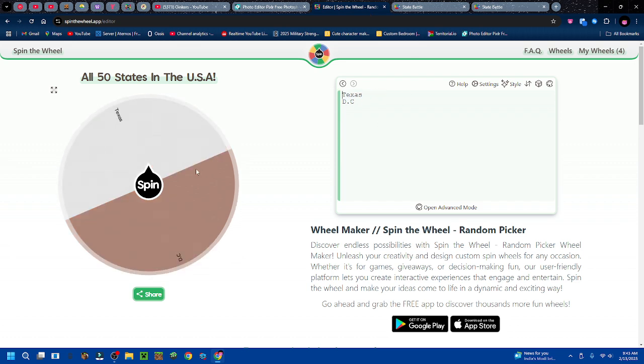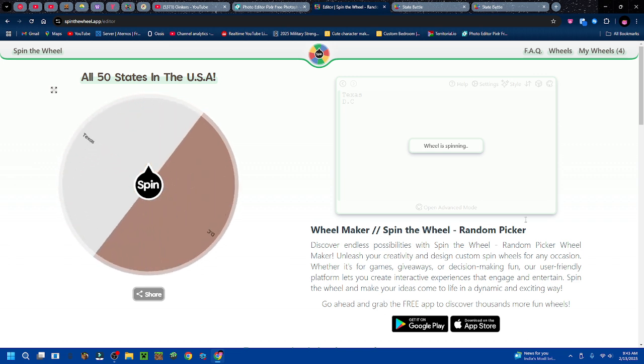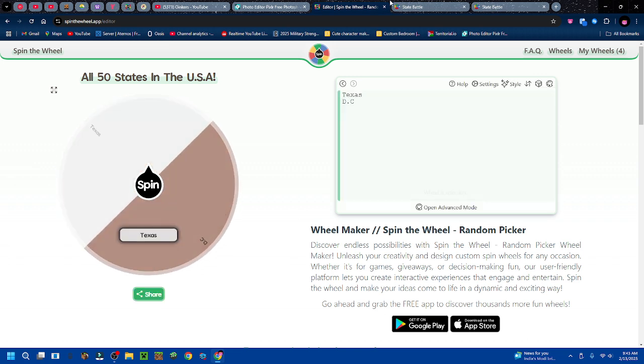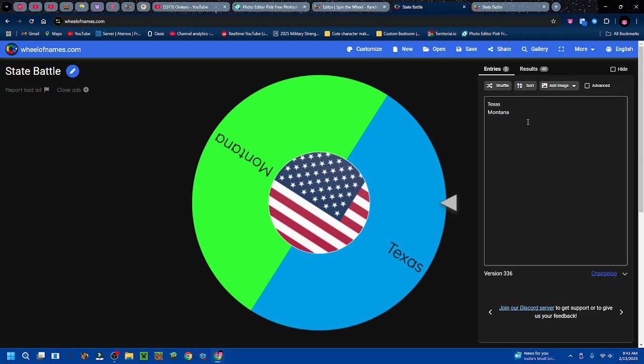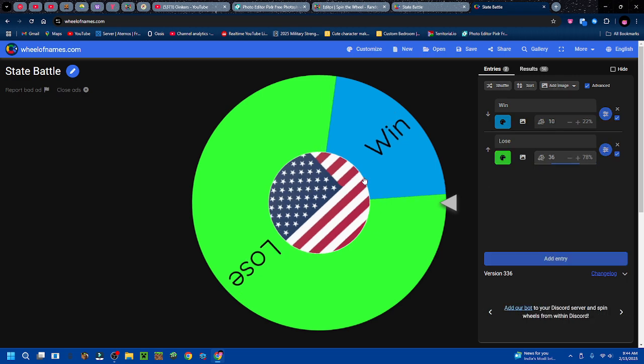Now it just depends on who's going to be on the defense. Looks like DC is going to be on the defense of Texas. It's going to be a win 10, lose 36 ratio.